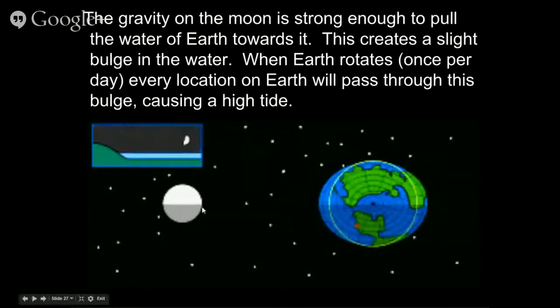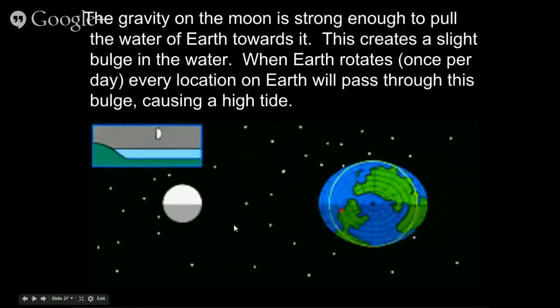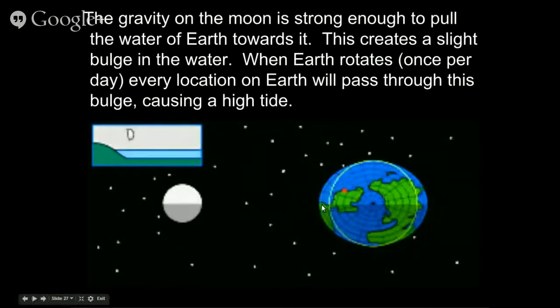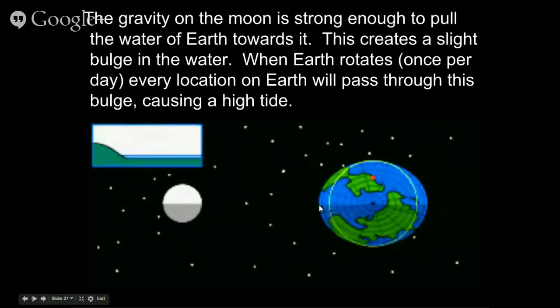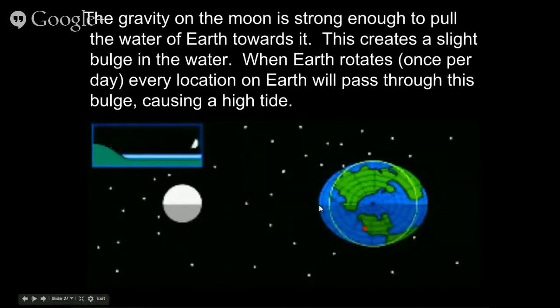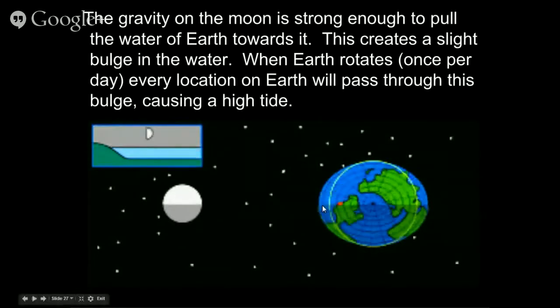Now the side that's facing the moon at the time pulls towards the moon. But as you know, the Earth is spinning. So whatever part of the Earth at that time is facing the moon is where the water will be pulled towards it. So every 24 hours, every point on the Earth eventually goes through this bulge. So the bulge itself doesn't move.